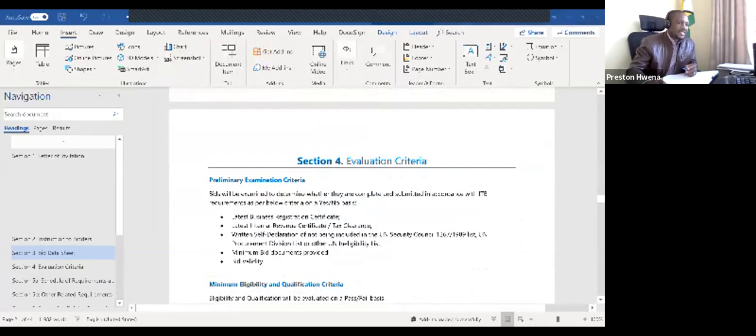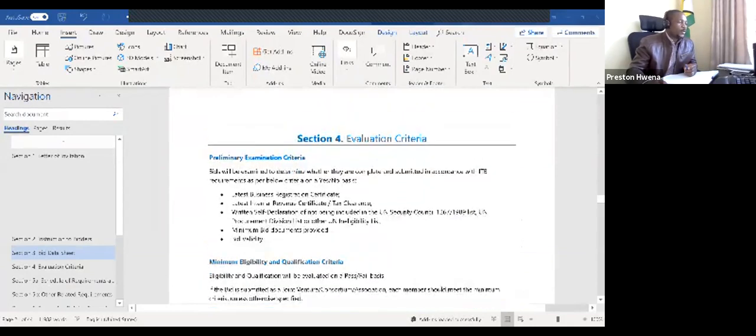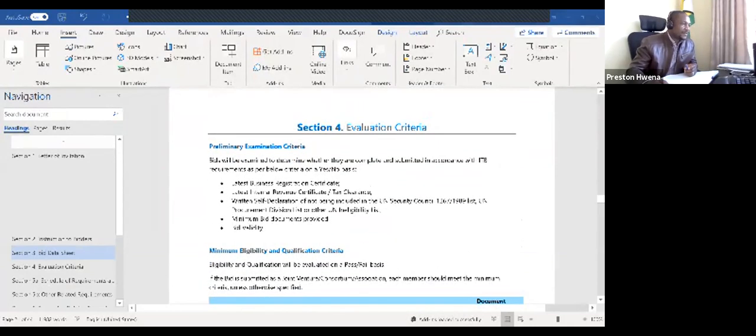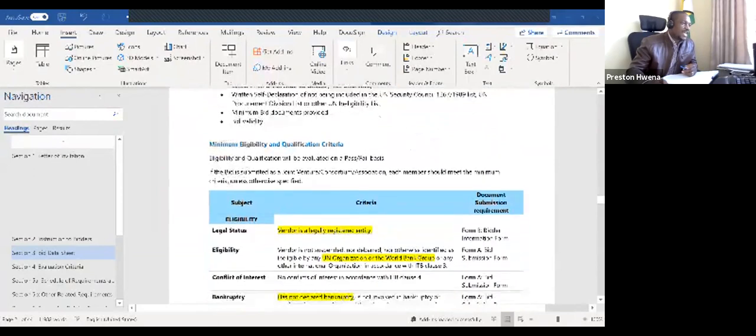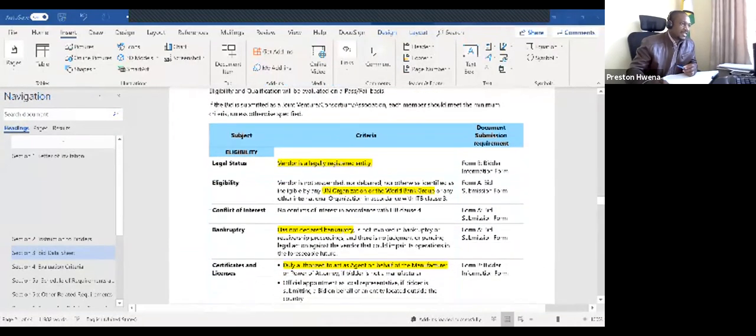This is the evaluation criteria that we are going to use. I've already explained this when I showed you the spreadsheet, so I will not talk much about this section, but I'll just point out the highlighted section, like the vendor should be legally registered.